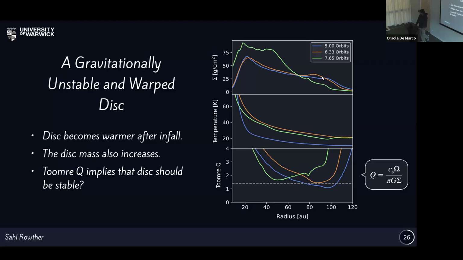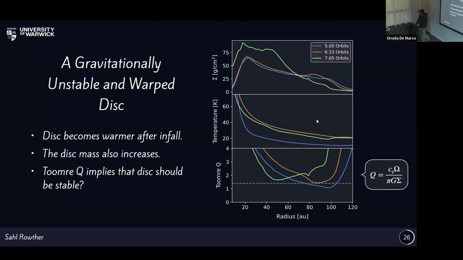The orange line is very soon after impact, where we can see there's an increase in mass where the cloud impacted the disk. And at 7.65 orbits, the current snapshot in the simulation, you can see that a lot of mass has been redistributed inwards and informed transports.